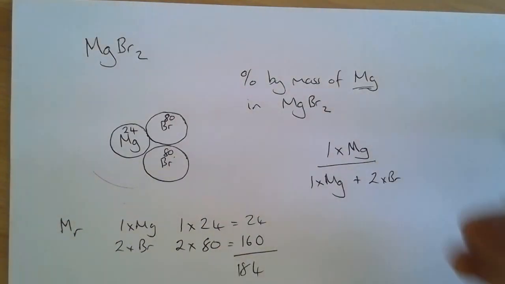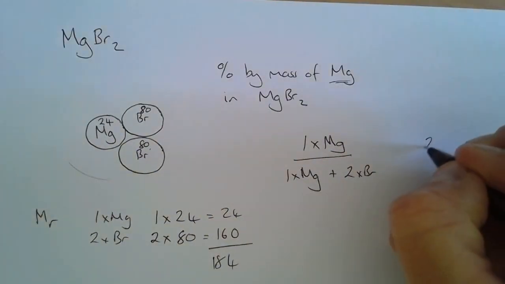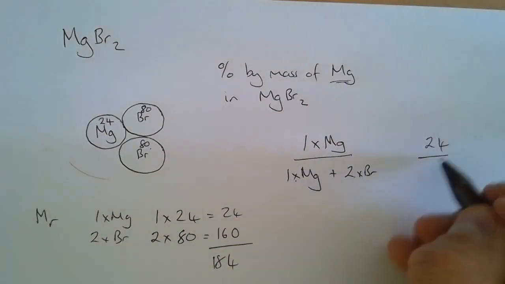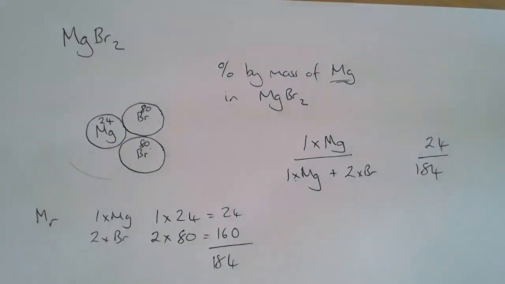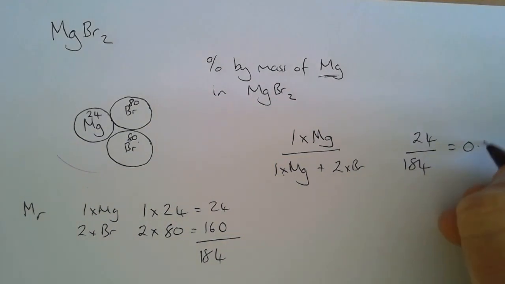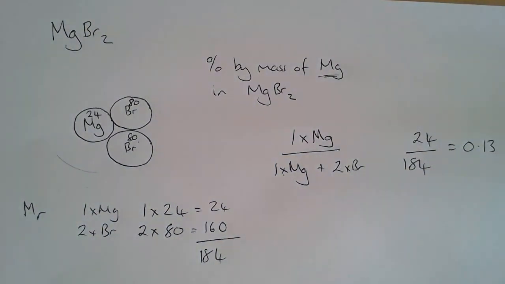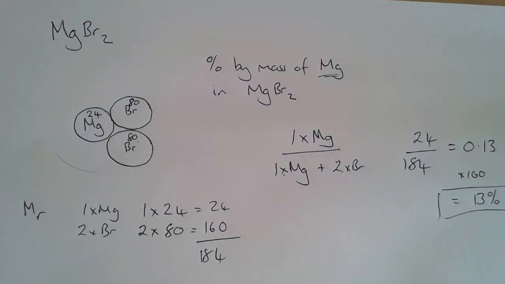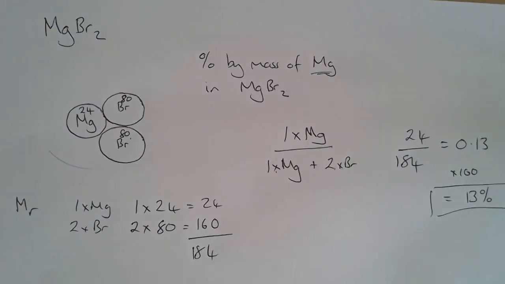So the magnesium ion has a mass of 24, and 1 magnesium and 2 bromides we've already worked out comes to an Mr of 184. That gives us a value of 0.13. And we know that if we want to convert that into a percentage, we multiply that by 100, and that gives us 13%. So the value of the percentage by mass of magnesium in magnesium bromide is 13%.